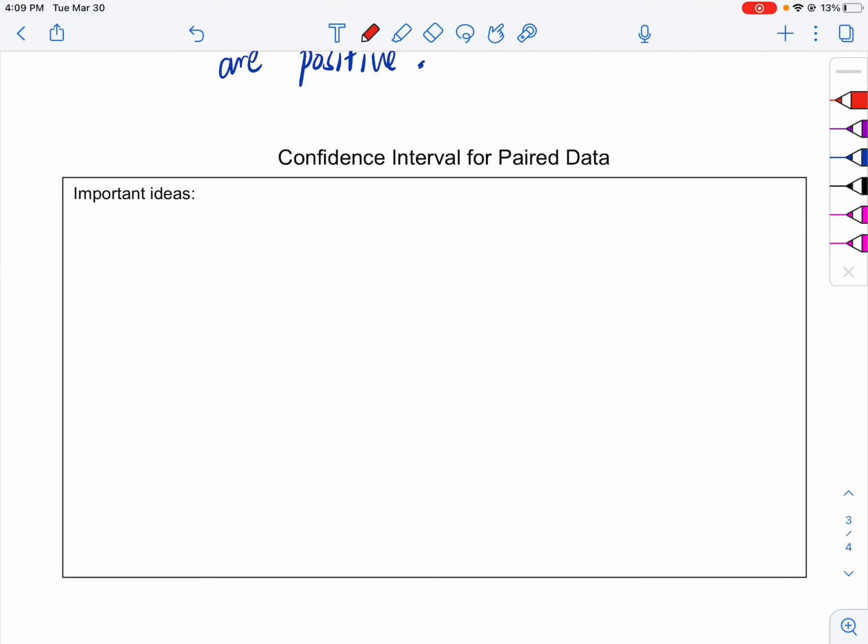Our important idea section. What did we learn today? We've learned distribution of differences. We learned like the dot plot. So in the middle, this means no difference.